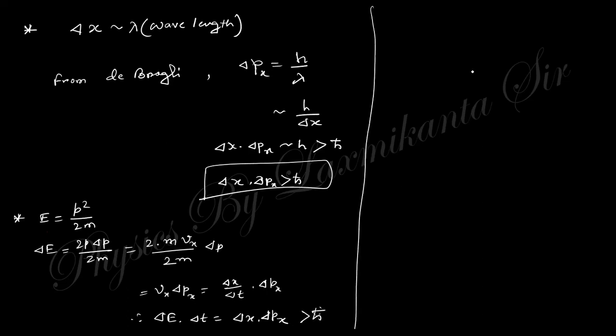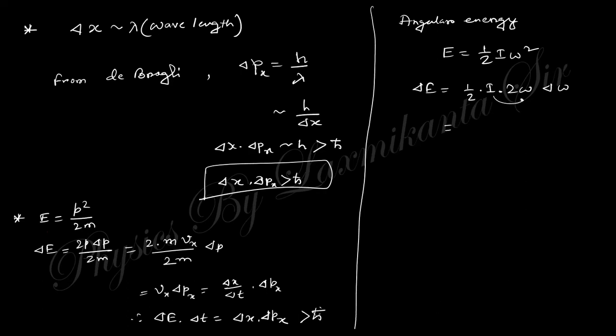And in case of angular relation, you know the angular energy, that is E equals half I omega square. So what will be delta E? Delta E is nothing but half I 2 omega delta omega. So you know I omega is L, so this is L into delta omega.